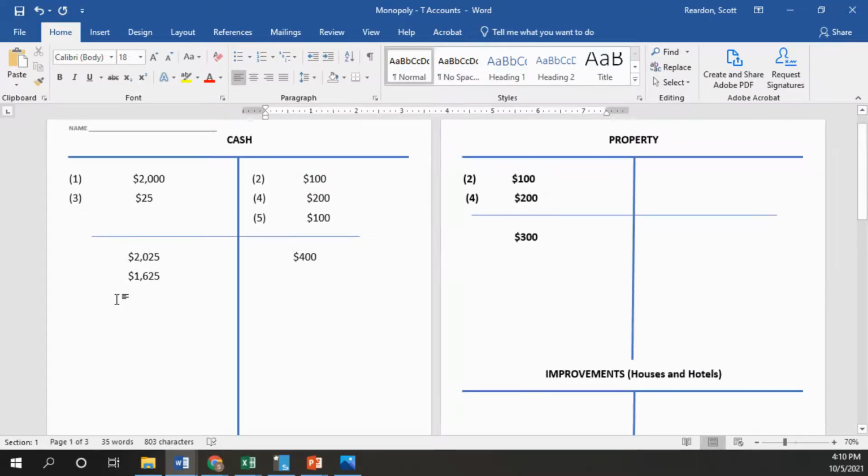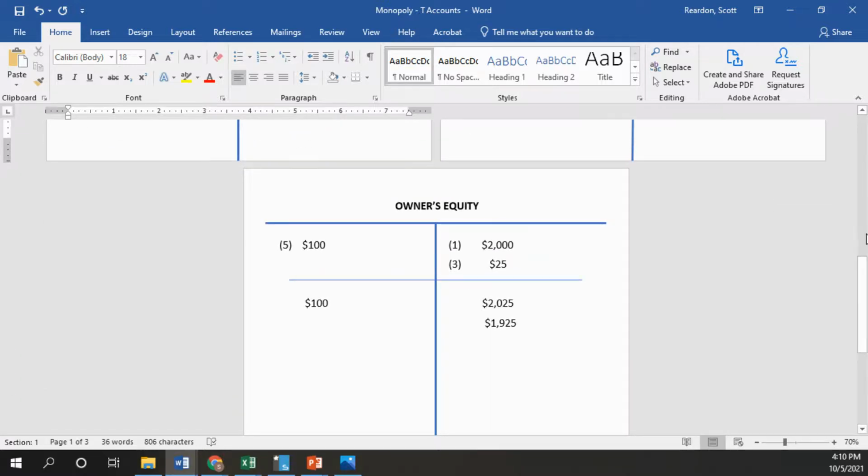So the next transaction would be like cash. So I increase cash, transaction 6, I'd put down here, and away we go. Okay. That's kind of what I want your worksheets to look like. However, now that you've got cash, 1625, property, 300, and owner's equity.